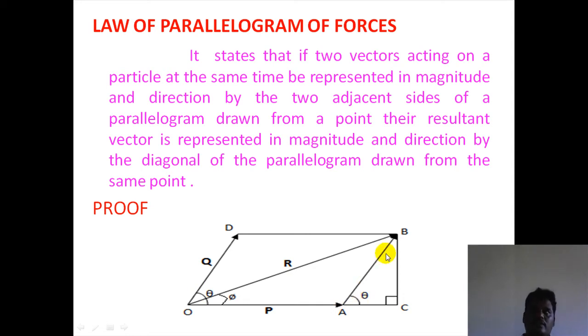Now I am resolving the forces into two components, a parallel component as well as a vertical component. The vertical component makes an angle of 90 degrees. Now whenever this is theta, this angle equals theta.